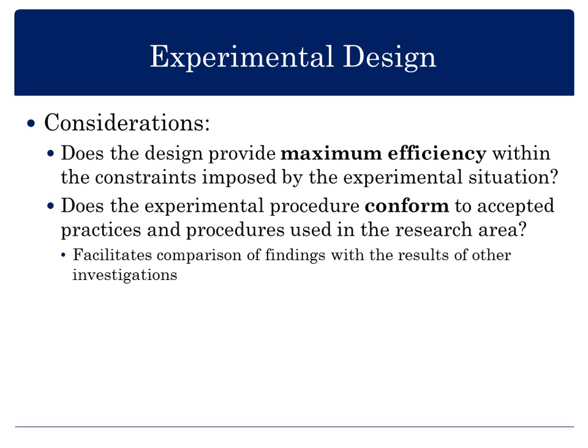Also important, does your experimental procedure conform to the accepted practices and procedures used in the research area? Why do we care about that? Well, we want to be able to compare our findings with the results of other investigations.